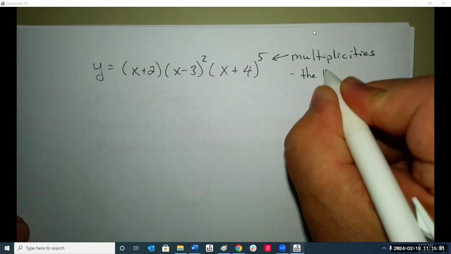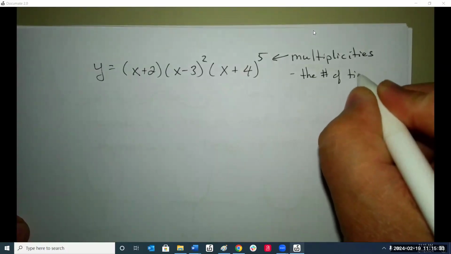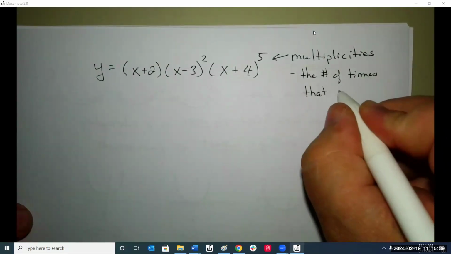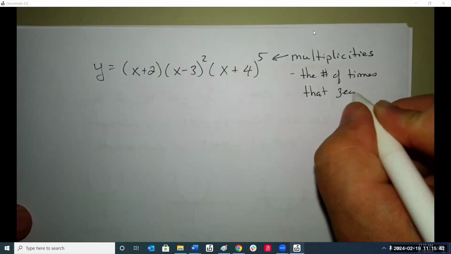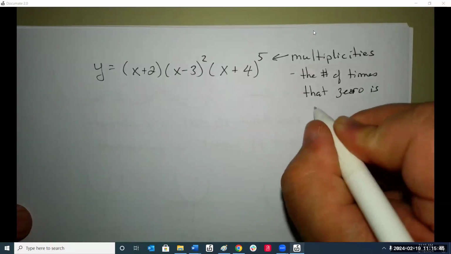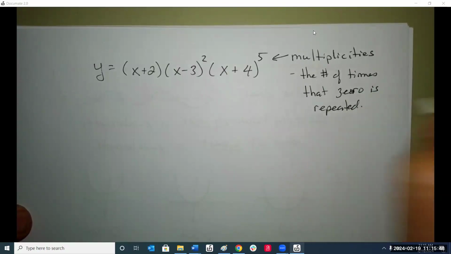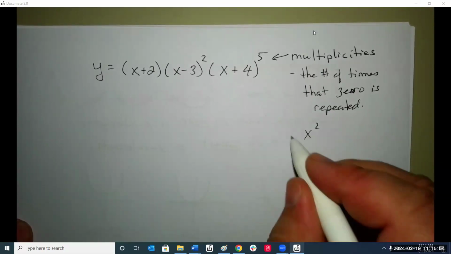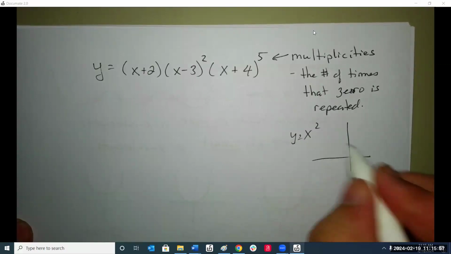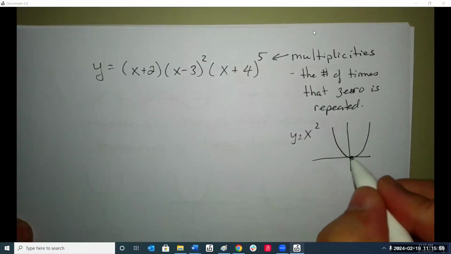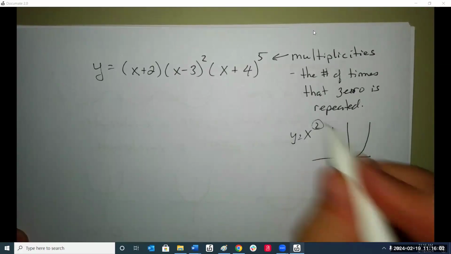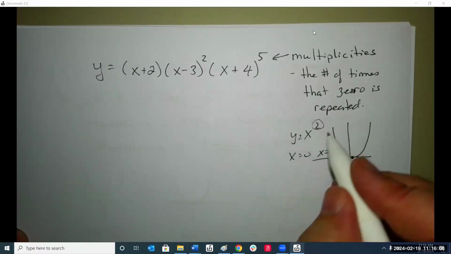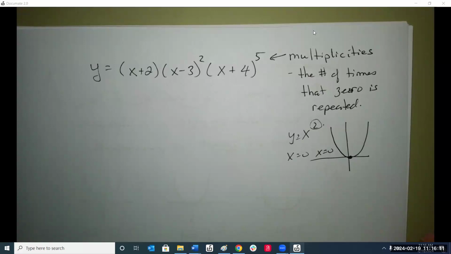It tells us the number of times that zero is repeated. For example, if we graphed y equals x squared, we're supposed to have two answers, and they're both going to be 0. So that's what it tells us.